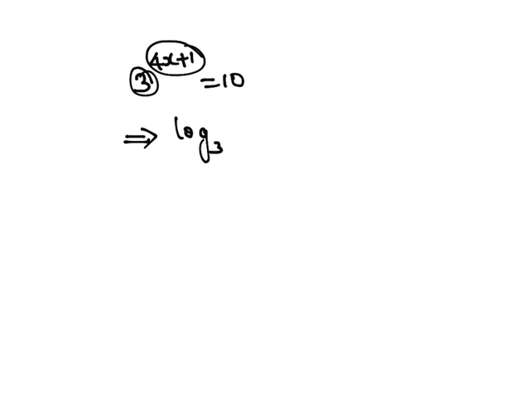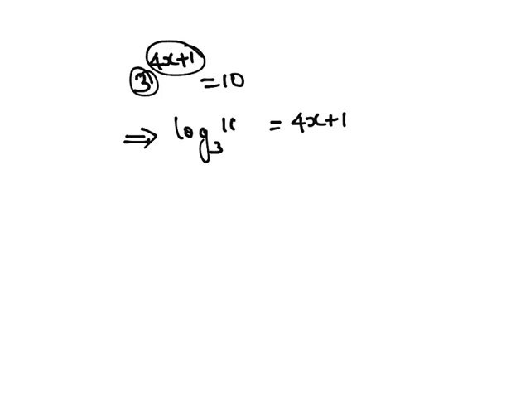Let's say I need to find 3 raised to 4x plus 1 equal to 10. So how do you find x? Very simple. You write it in logarithmic form, so this 3 will become the base of the logarithm, and this 4x plus 1 will become the value of the logarithm, and 10 will come here.